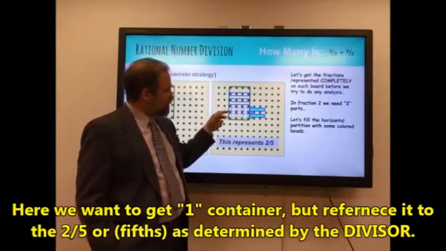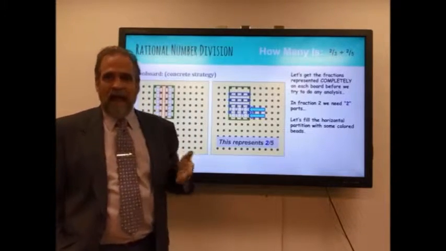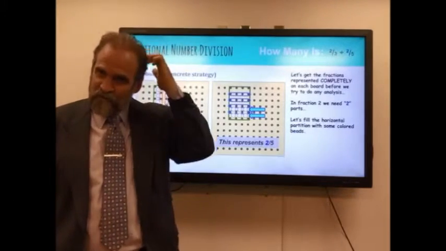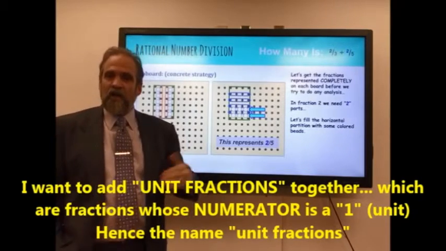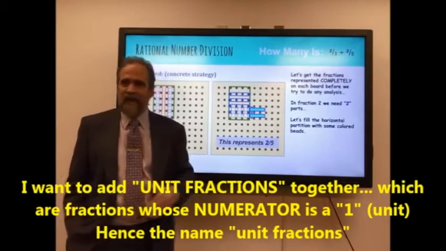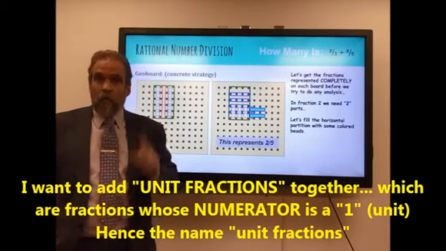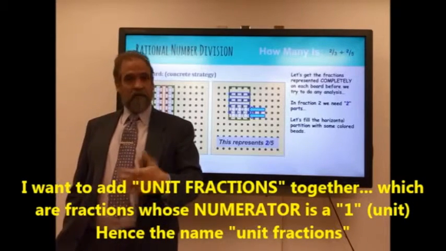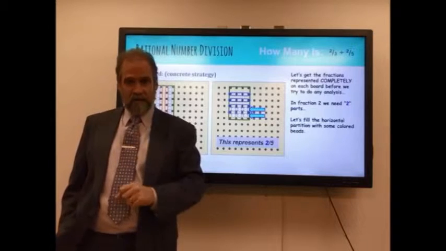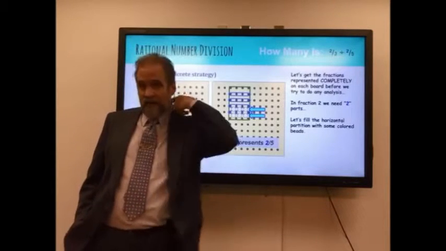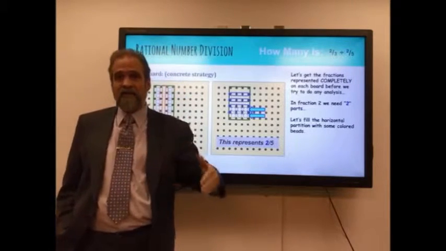Here I have 2/5. Now, I don't want to add 2/5 together, because 2/5 is not a unit fraction. A unit fraction is a fraction with any denominator, except 0, of course, and a 1 as the numerator, one of the pieces. If it's cut into 10 pieces, I'd have 1/10, and then 1/10, and if I got 10 of those, I'd have 10 tenths, right?